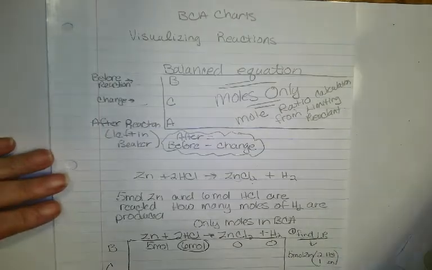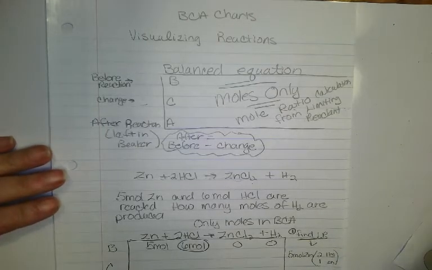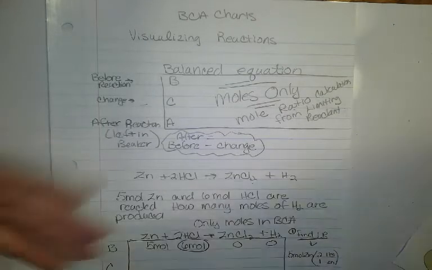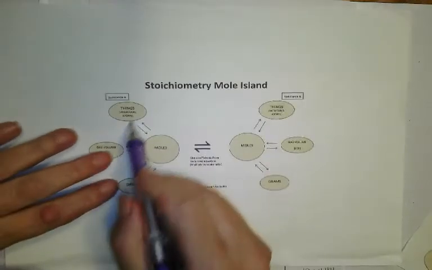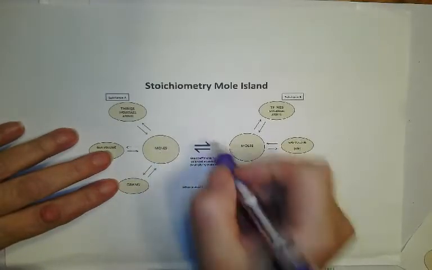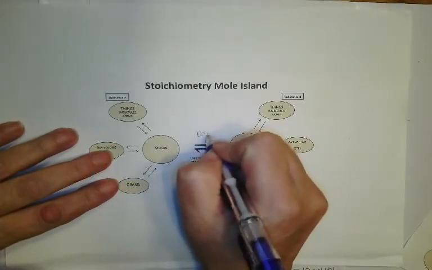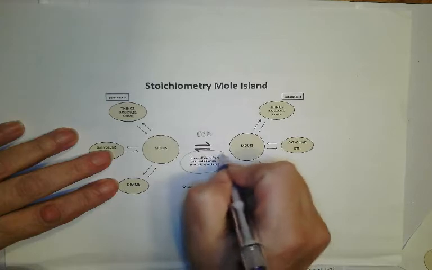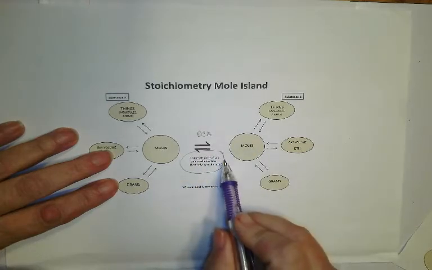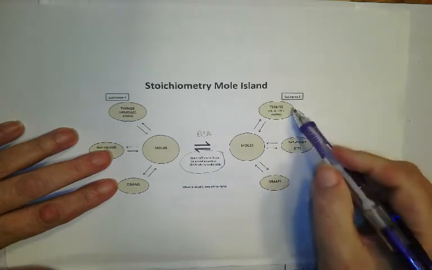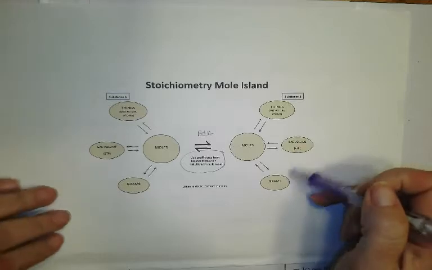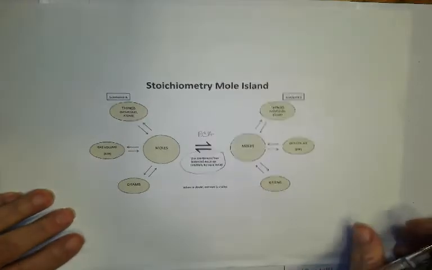So let me show you what that is about. Basically, we're going to convert everything to moles, and this is where our BCA chart goes, and that's why we use the mole ratios to configure everything in our BCA chart, and then it might ask you to convert what's left to here, and we'll see that in a minute.